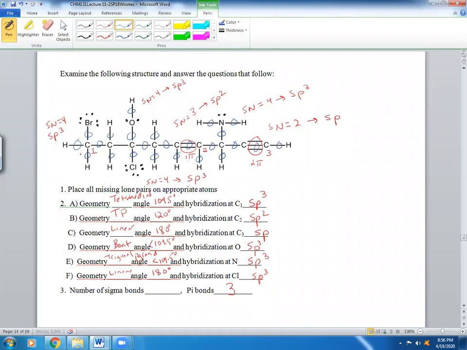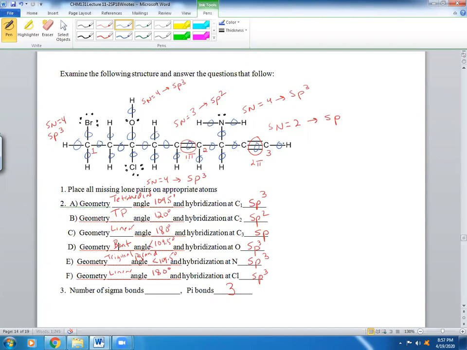Okay, so let's count from the beginning. 1, 2, 3, 4, 5, 6, 7, 8, 9, 10, 11, 12, 13, 14, 15, 16, 17, 18, 19, 20, 21, 22, 23. Not sure if I counted this one. 24, 25, 26. Okay, let's just do a recount.